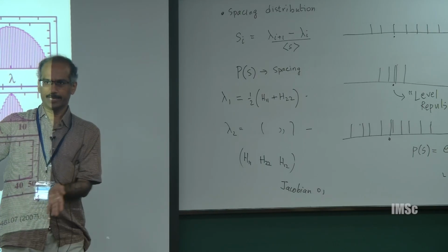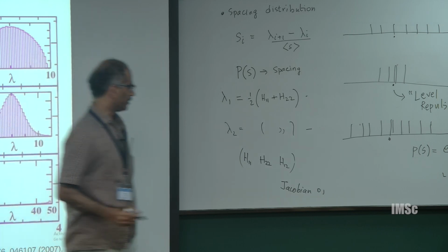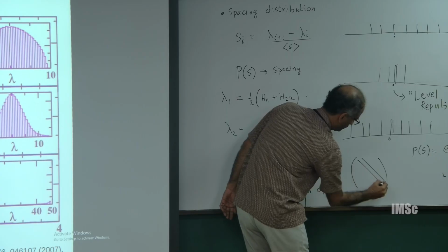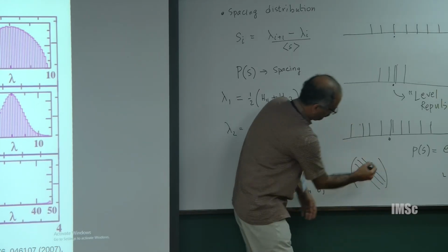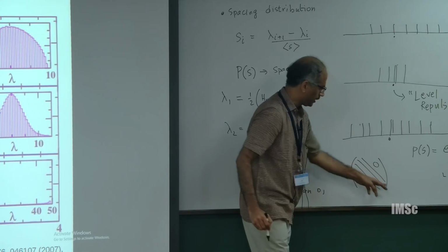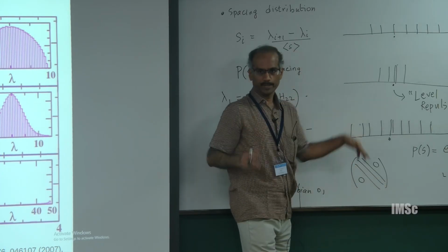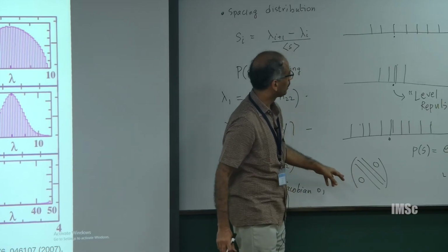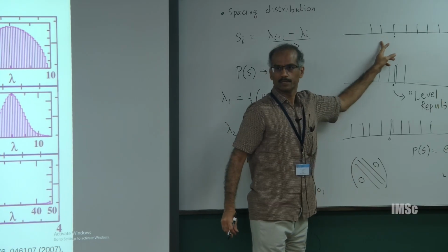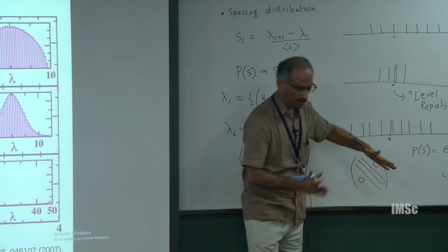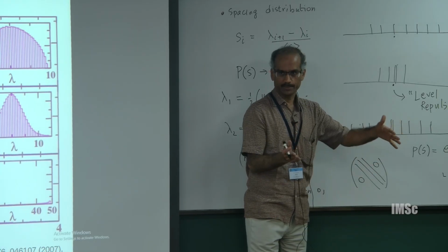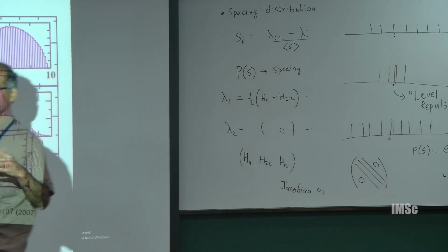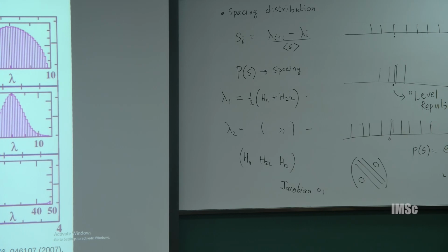For example, if I construct a tridiagonal matrix, where everything else is 0 and there are only numbers along the diagonal and along the super and subdiagonal, and it's a real symmetric matrix, that will give you something like this. Any version of that, if you increase the number of super diagonals and subdiagonals, you will still get this. So any network with constant k nearest neighbor connections will give you this.